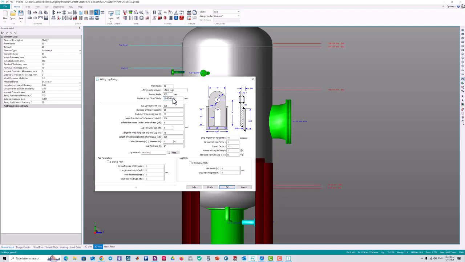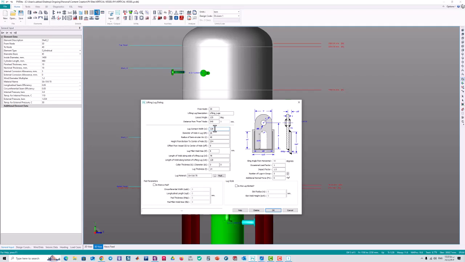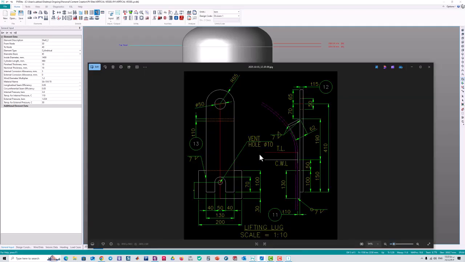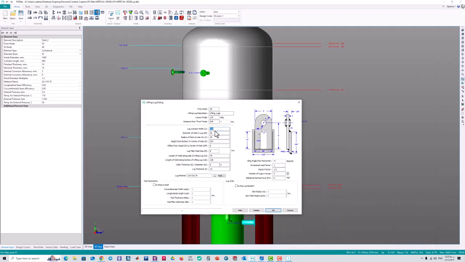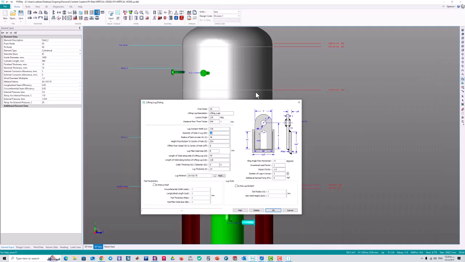Some of the fields are not smart and they cannot calculate the subtraction or any operation. We will fill the dimensions for the lifting lug in accordance to the DWG.